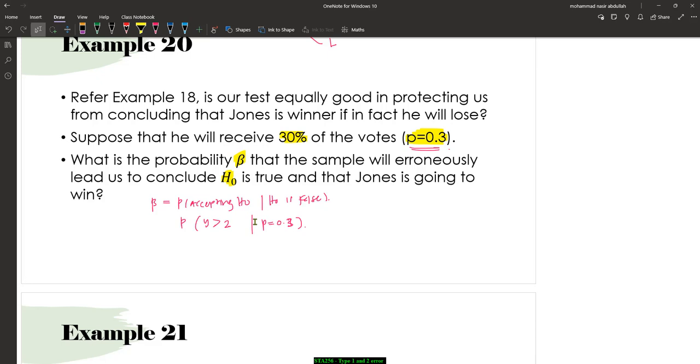So this one should be still the same binomial problem. So summation from 2, sorry, it's not from 2, it's from 3 until 15. So 15 choose x, probability of success 0.3 power of x. This is 0.7, kan.